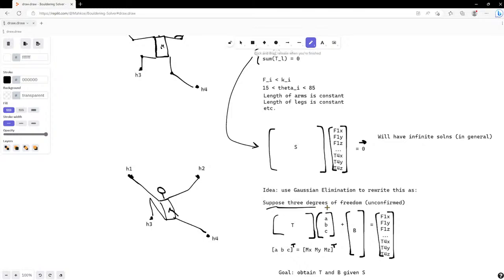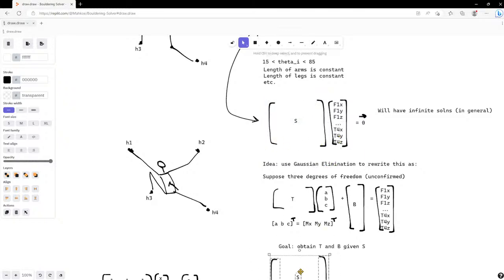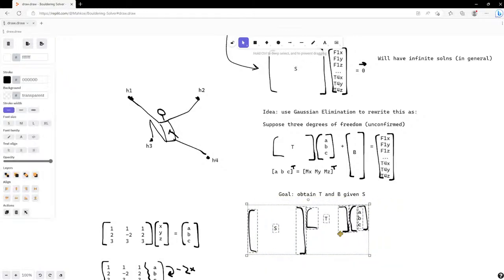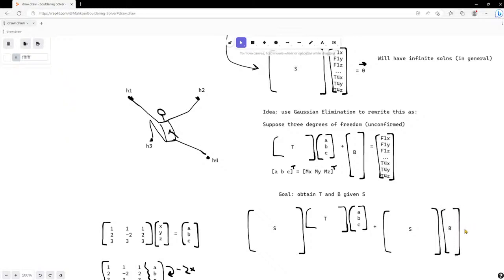If we plug in this expression for that, then our final expression is, so actually, I think, oh man.